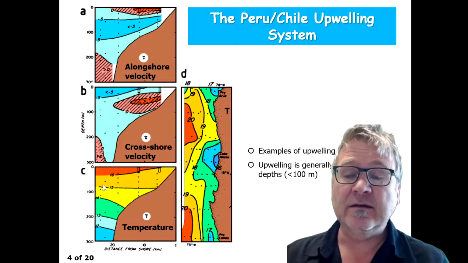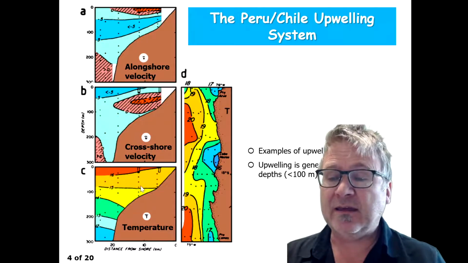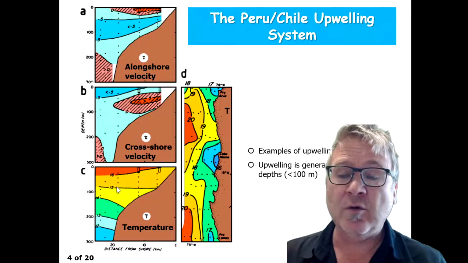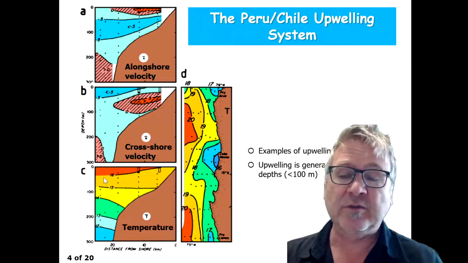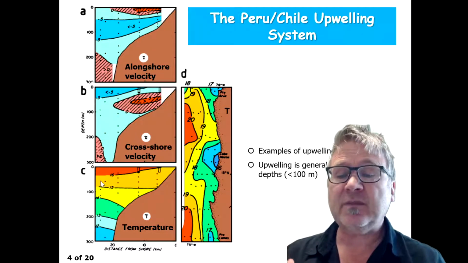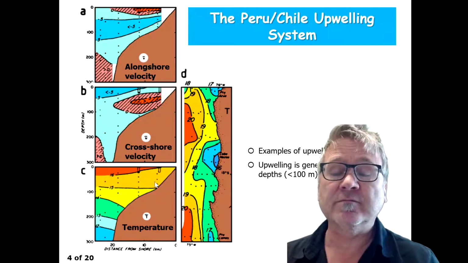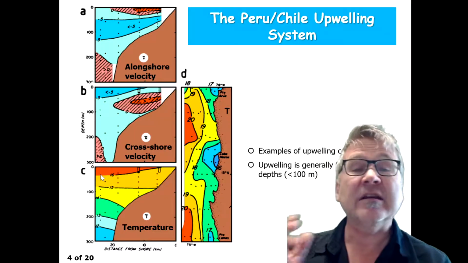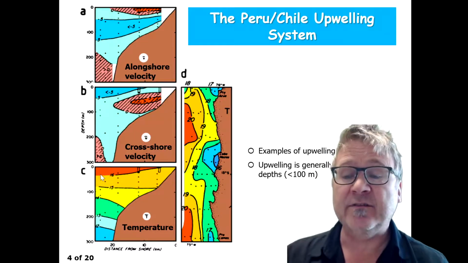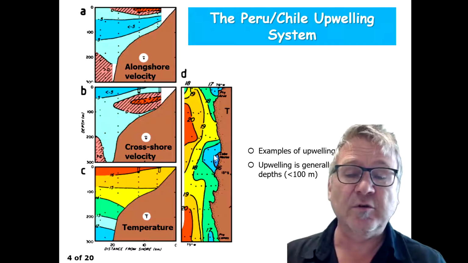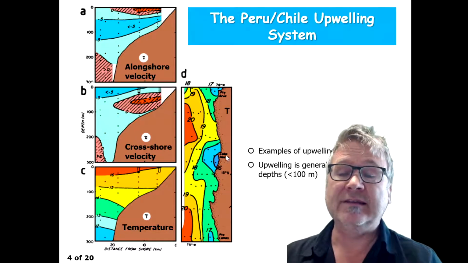You can see that this orange layer, orange water, which is below 16 degrees, has actually moved to the surface as you go closer. The colors are a little bit misleading in this graph. You can see that this orange in panel C corresponds to the blue in panel D.